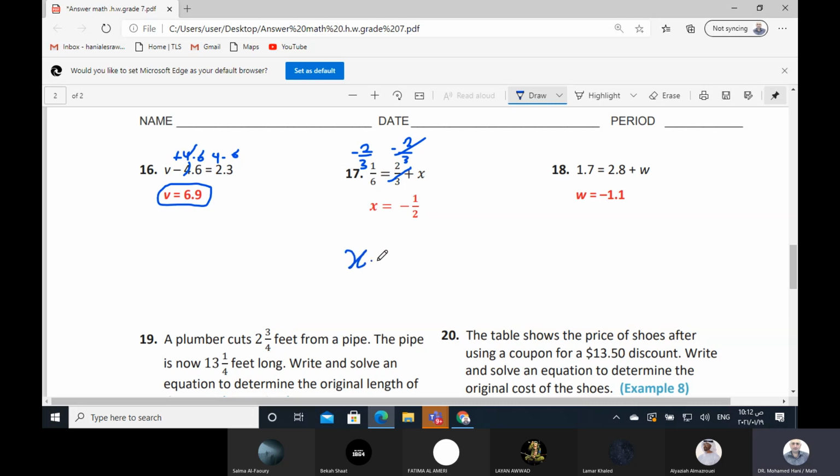So x equals 1 over 6 minus 2 over 3. We cannot subtract directly because here we have different denominators, unlike fractions. So we can multiply the second fraction by 2 to make the common denominator, because 2 times 3 equals 6. So write the same first fraction, then multiply here by 2. 2 times 2 will be 4, 2 times 3 will be 6.